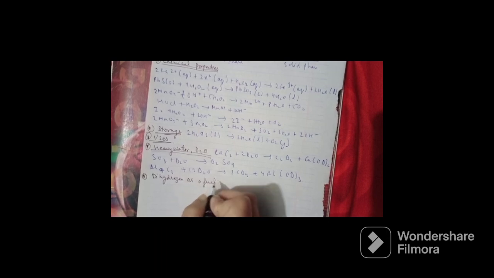Now we discuss dihydrogen as a fuel. So for dihydrogen as a fuel, dihydrogen releases a large quantity of heat on combustion.